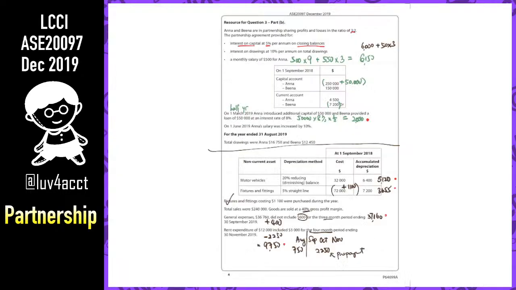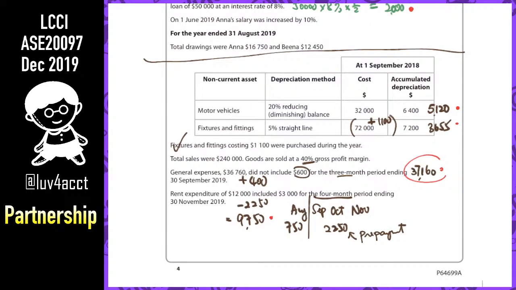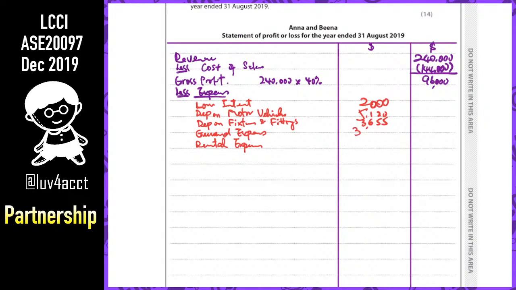And then the next two, 37,160 and also 9,750. So we have 2,000, 5,120, 3,655, 37,160, 9,750. Total expenses are 57,685 negative, and then net profit, the profit for the year, being 38,315.